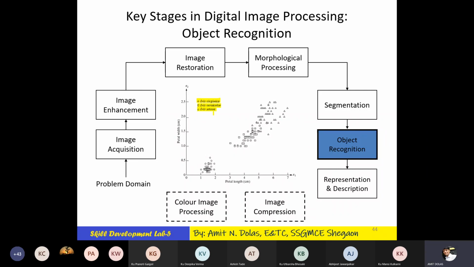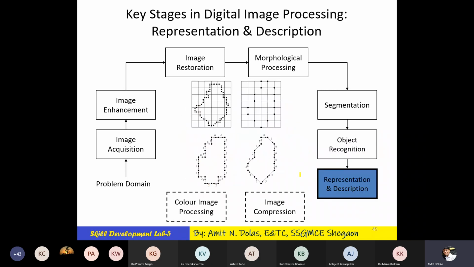In that image, three different objects are recognized, represented in terms of pixel width and petal length, and how many of those objects there are, where they are located, what the size is, every piece of information is extracted. So object recognition algorithms are also available.